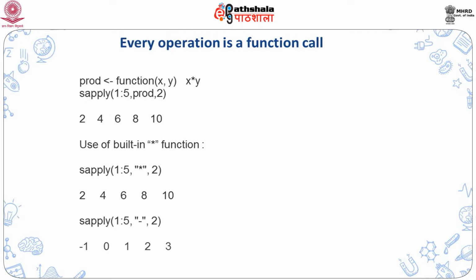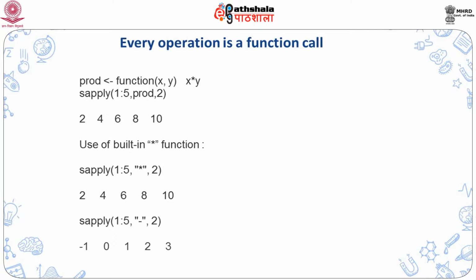For example, we could use the sapply function to multiply every element of a list by 2 by first defining a function, like the one we have given here. Here we have defined a function prod, which is a function of x and y, and it is basically x times y. If we use this prod function in place of the function given as an argument within the sapply function, then what do we have?